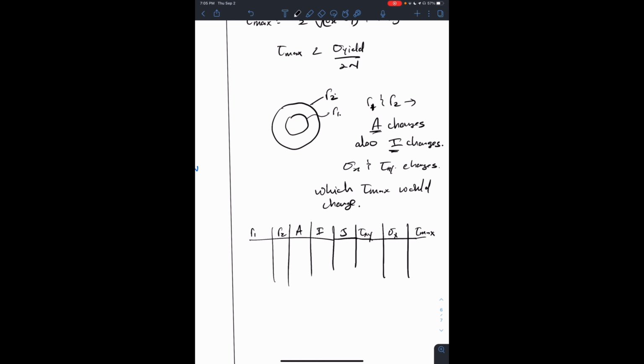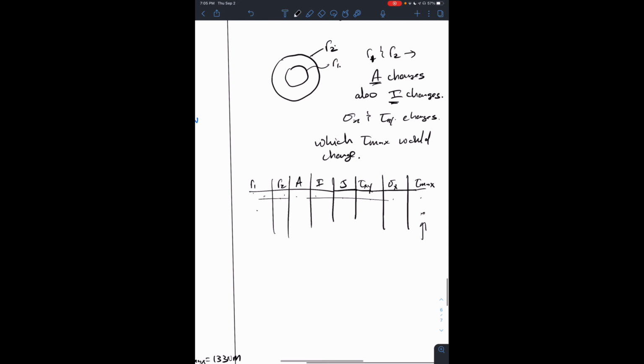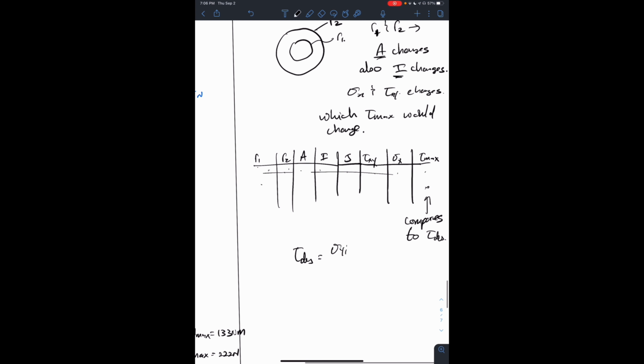So in Excel, we have all these being changed so that as we are changing R1 and R2, we could see the effect on tau max, because this is what we are comparing to what we call tau design. Tau design is our design stress, what we want to achieve, or we want to keep it below. And let's reiterate, the sigma yield on 2n.